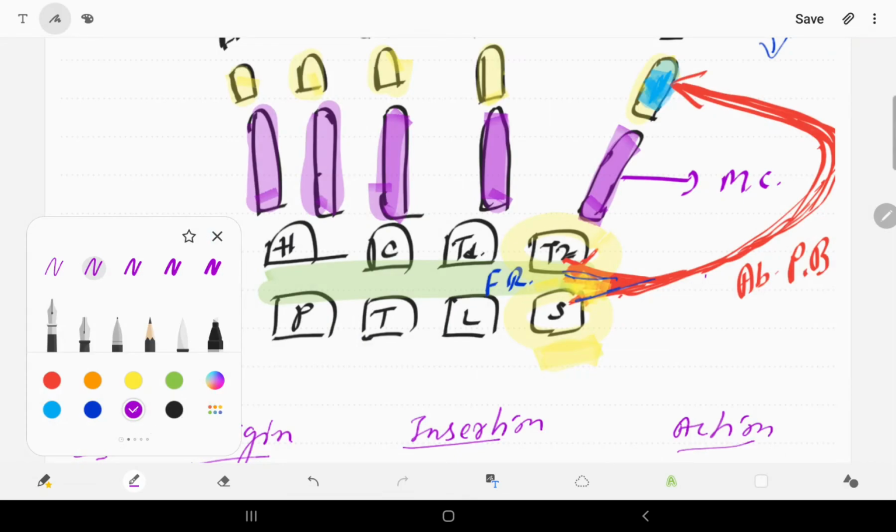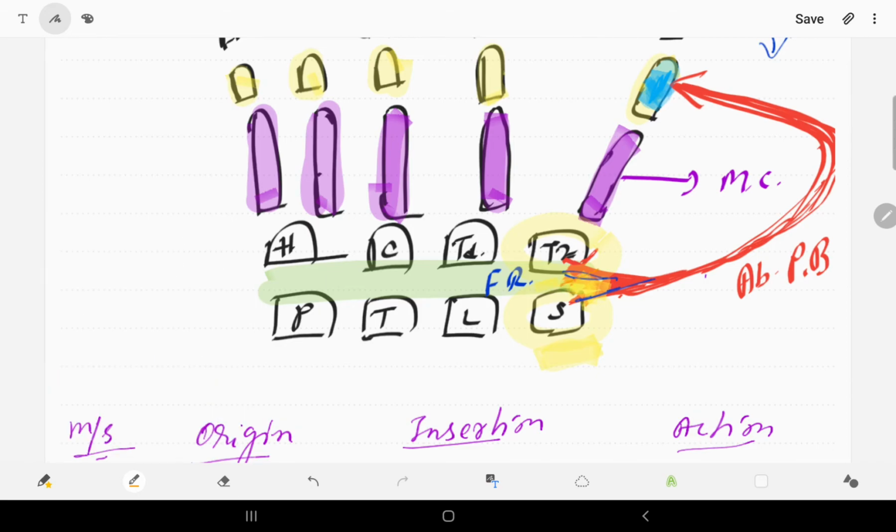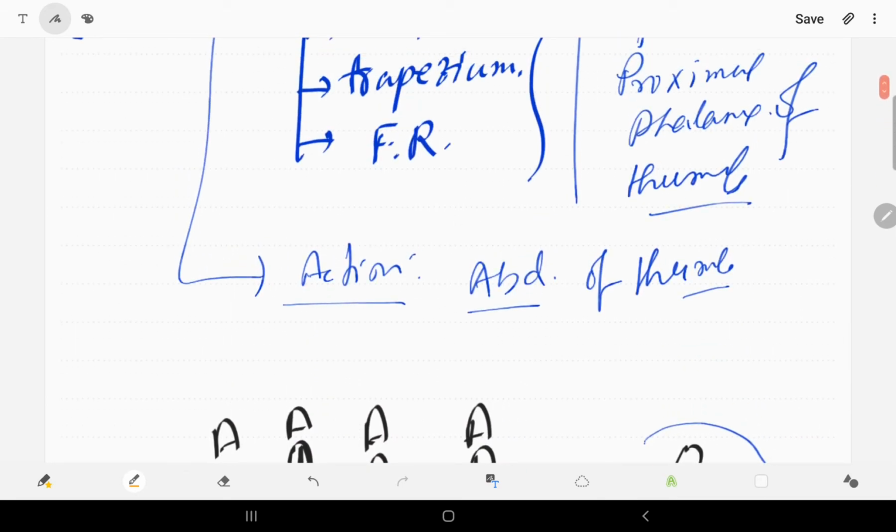You can see here this is the flexor pollicis brevis, which originates from the flexor retinaculum and trapezoid, and it is inserted into the lateral side of the base of the proximal phalanx of the thumb. The insertion is also the same.